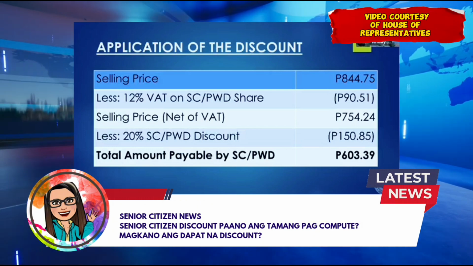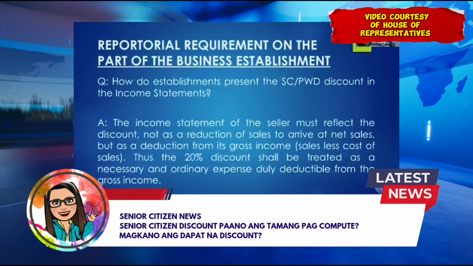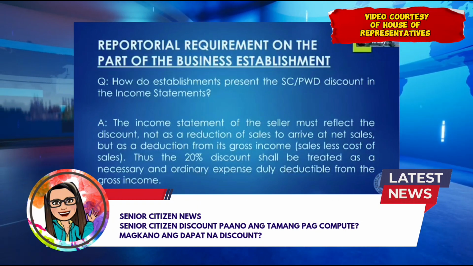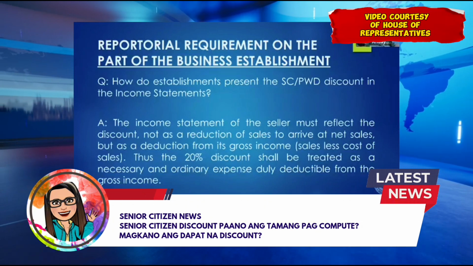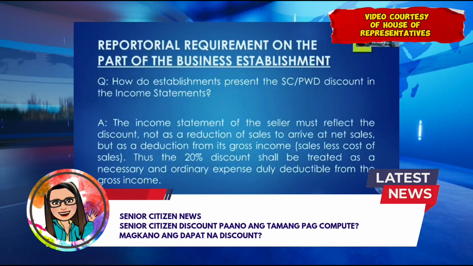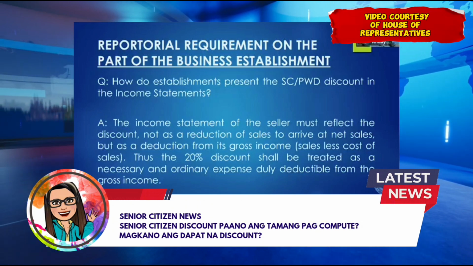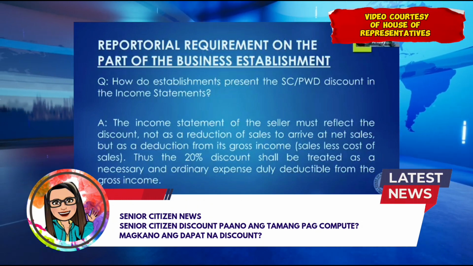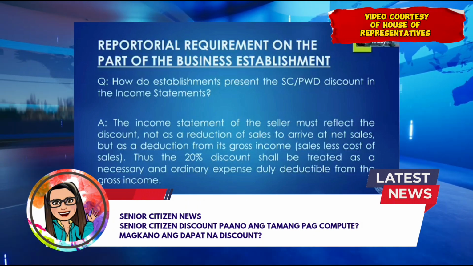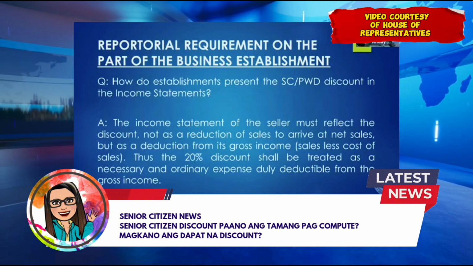Next slide, please. And on the part of the business establishments, there are a few basic questions that may be answered here. So, how does an establishment present the discount in the income statement? The income statement of the seller must reflect the discount not as a reduction of sales to arrive at the net sales, but as a deduction from its gross income.